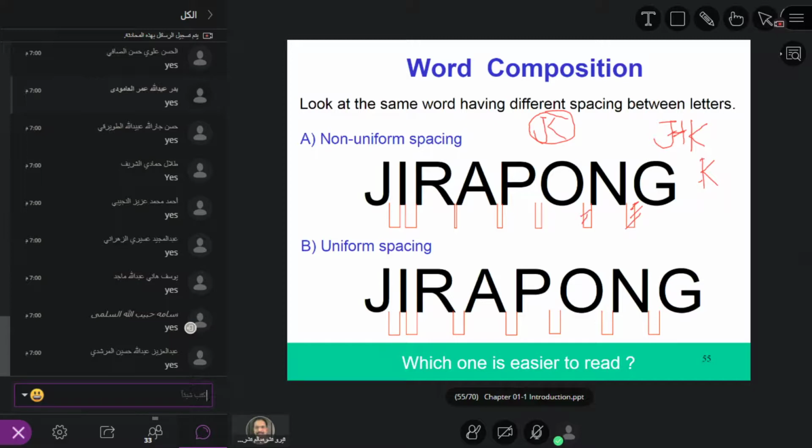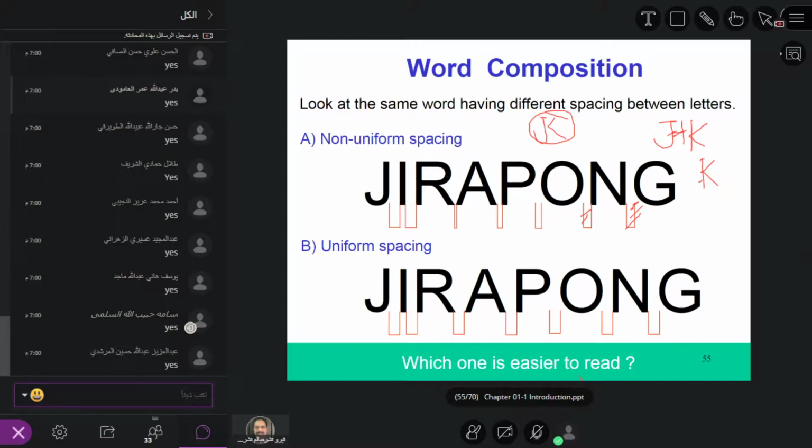There are non-uniform spacing and uniform spacing, but generally for engineering drawing we use uniform spacing. Most of the time it depends on the individual designer, but it's better to use standard uniform spacing. It looks better.